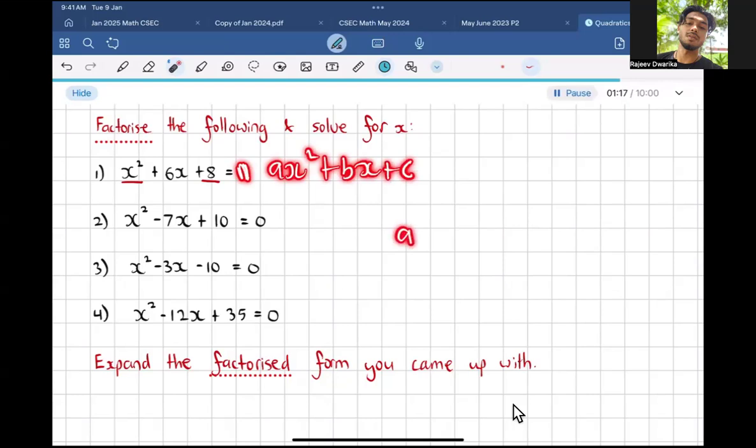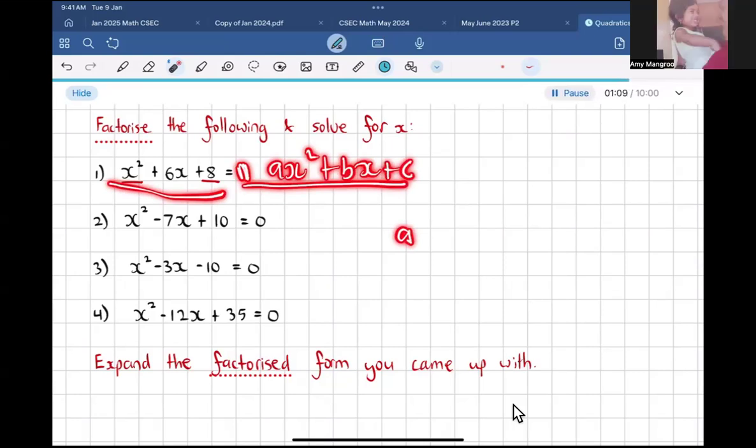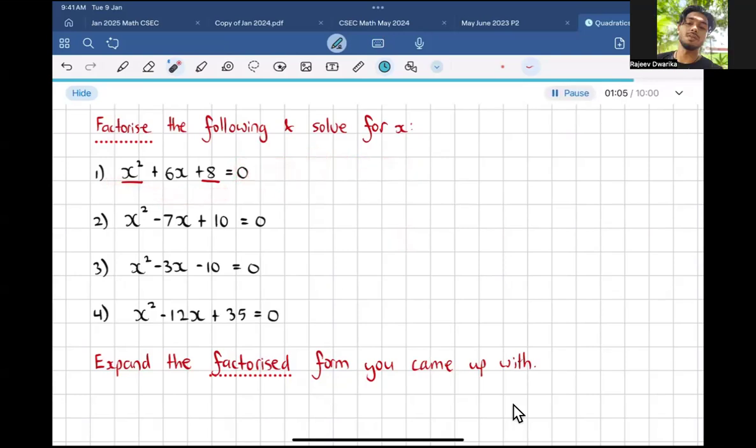What would a be equal to? Since this side and this side are in the same form, what would a be? 1. A is 1, b is 6, c is 8. Right. Apply that concept. Okay, I know what to do.